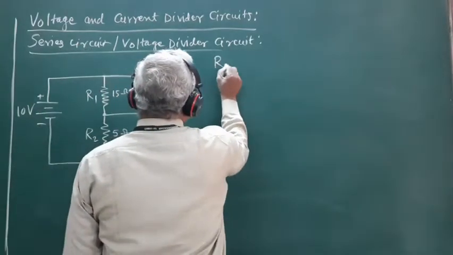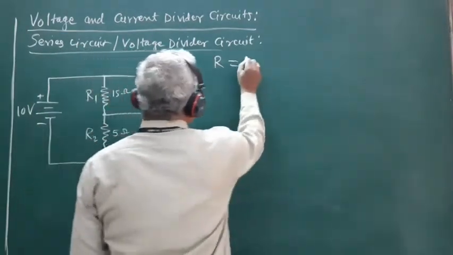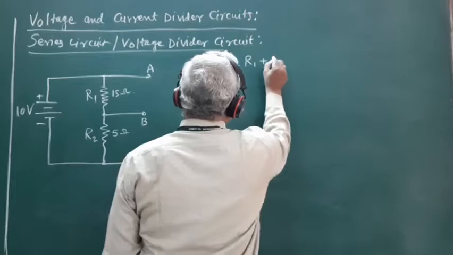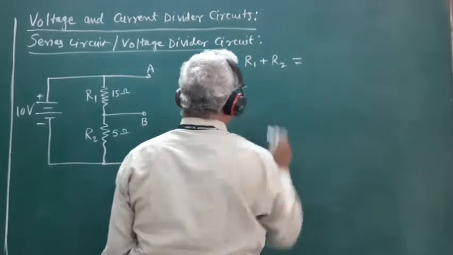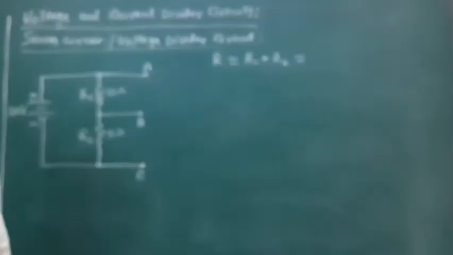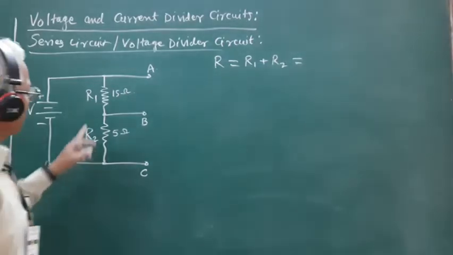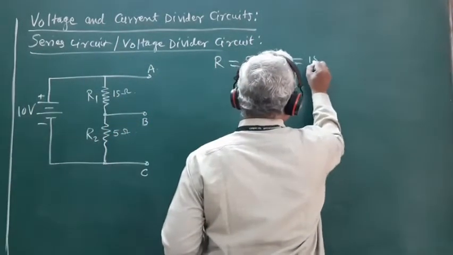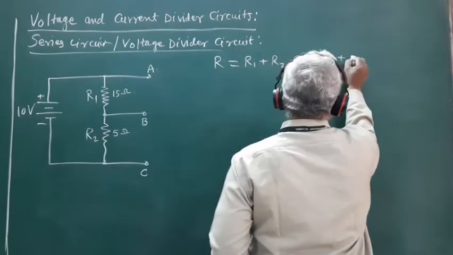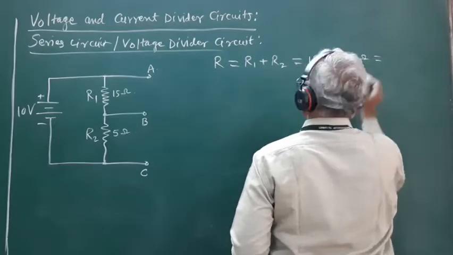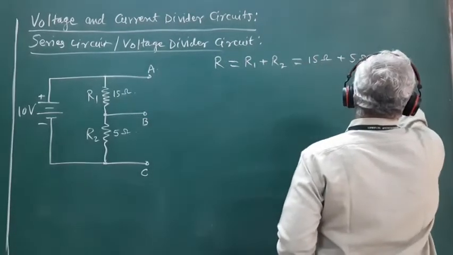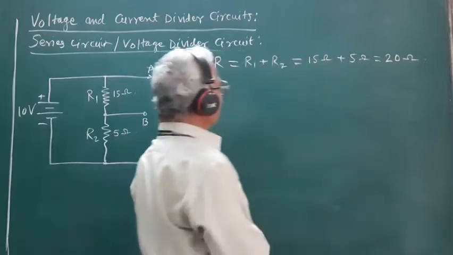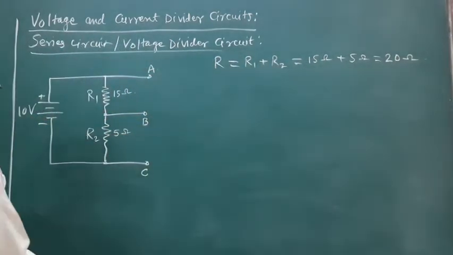The total resistance R of the series circuit is equal to the sum of the two resistors R1 and R2. R1 is 15 ohm and R2 is 5 ohm, so the total resistance of the circuit works out to be 20 ohm.